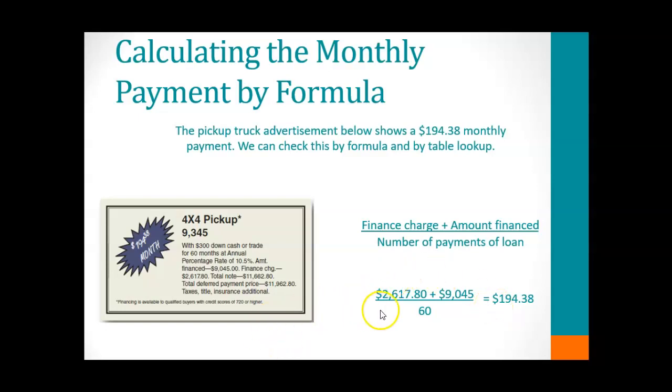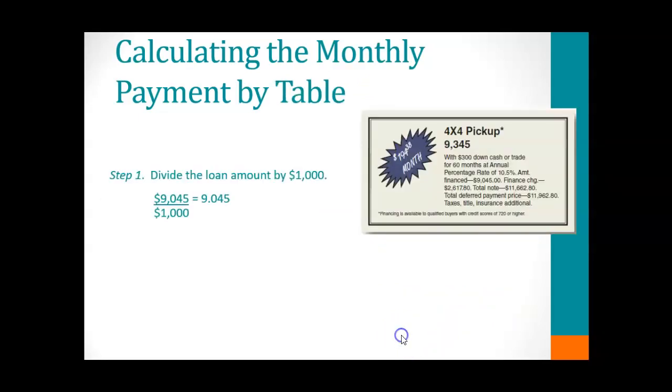So if I know the total amount of the finance charge plus the amount financed, I can divide that by the number of payments of the loan, and that would give us a monthly payment amount of $194.38.